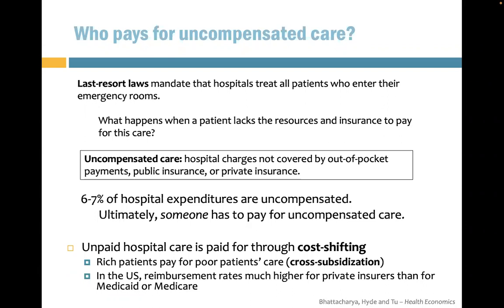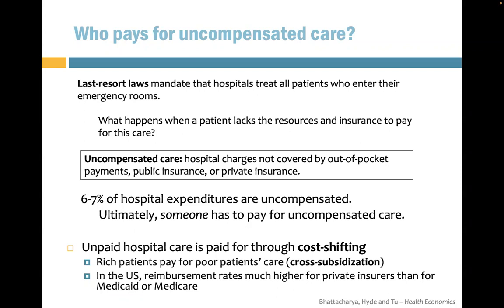This is quite different from my experience in other countries. In a lot of other countries, people don't get treated if they cannot pay for the service before they get treated. So what happens to the patients who get treated but are not able to pay the fee after that? We call those uncompensated care.